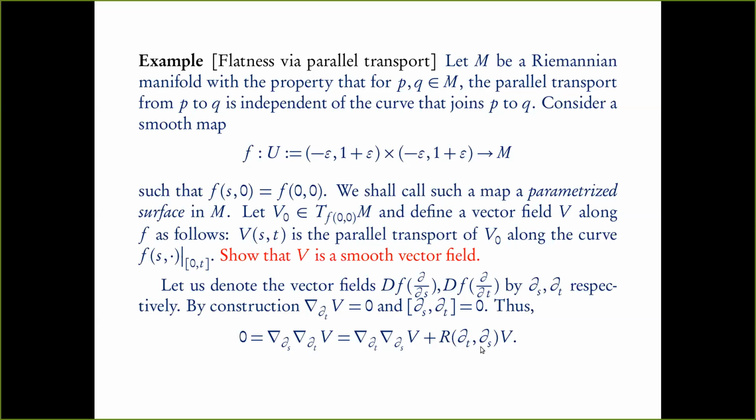So if you want to calculate the Riemann curvature tensor, the Riemann curvature tensor R del T del S is del S nabla del T minus nabla del T nabla del S, right? Acting on V. If I ignore the first 0 part and look at A is equal to B, that's precisely the definition of the Riemann curvature tensor.